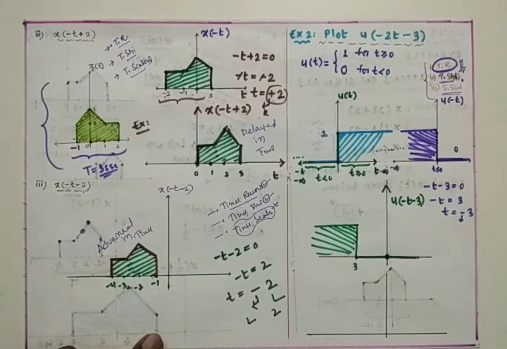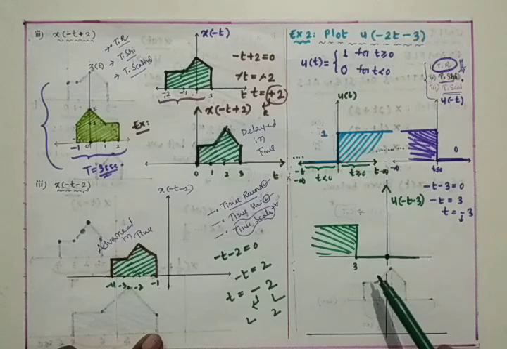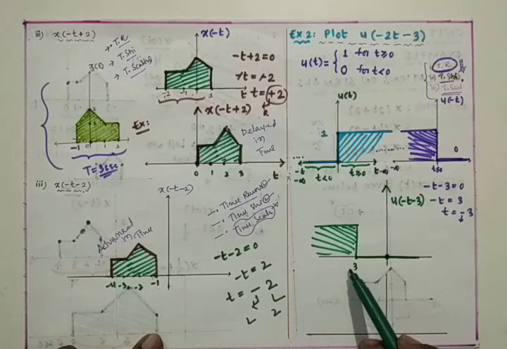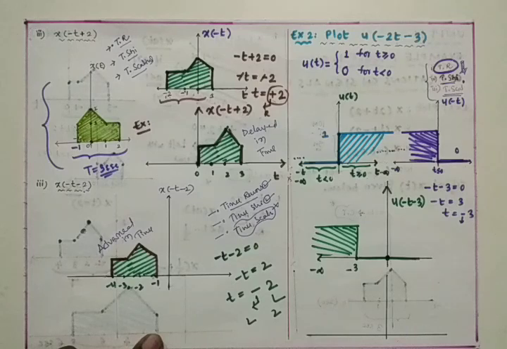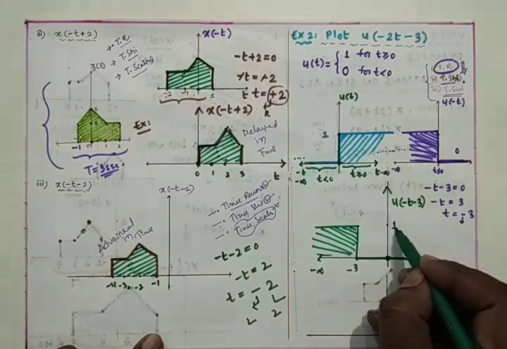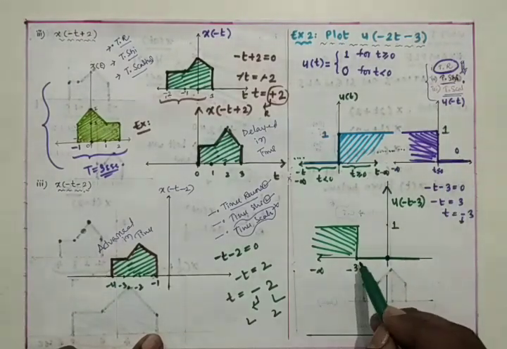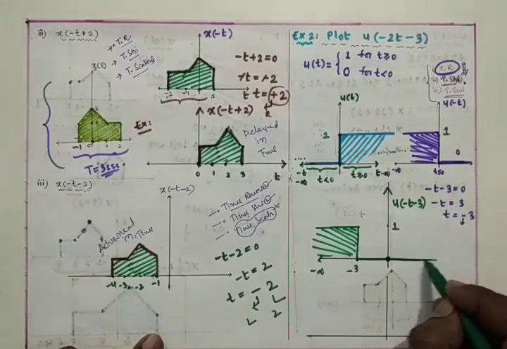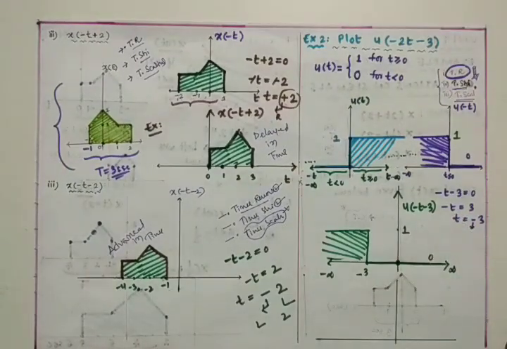Minus is nothing but left side by 3 units. Earlier the signal was there from 0 to negative infinity, but due to shifting left by 3 units, it now starts at minus 3 onwards. From minus 3 to minus infinity the signal amplitude is 1, and for t greater than or equal to minus 3 the signal amplitude is 0, up to t equals positive infinity.